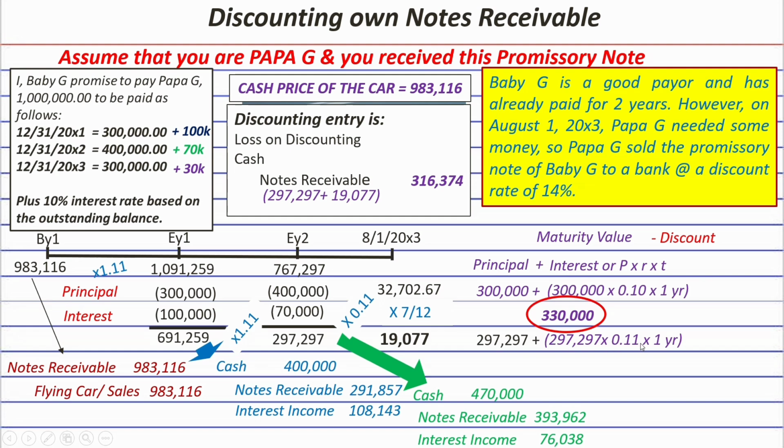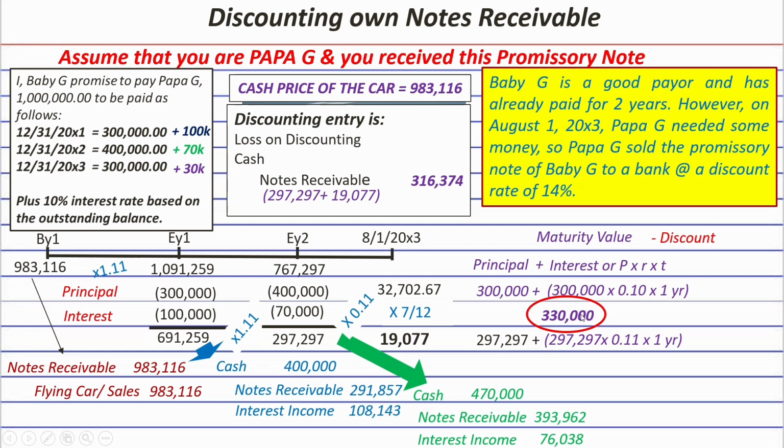This carrying amount times interest rate times time plus the carrying amount, of course. But if ever, in the problem, there is no mention about effective rate, then you are going to choose this first option, this principal based on the agreement times the nominal rate times time to compute for the interest.